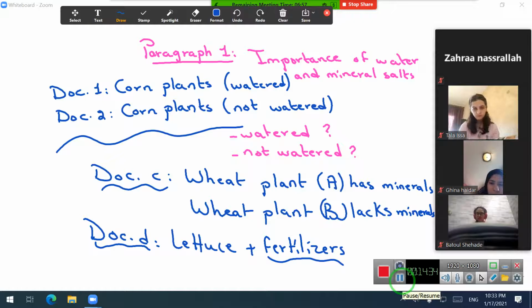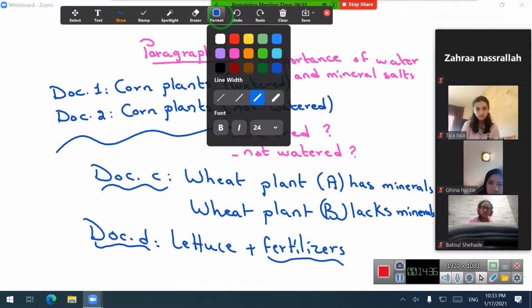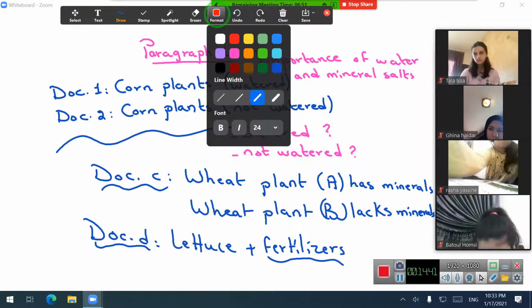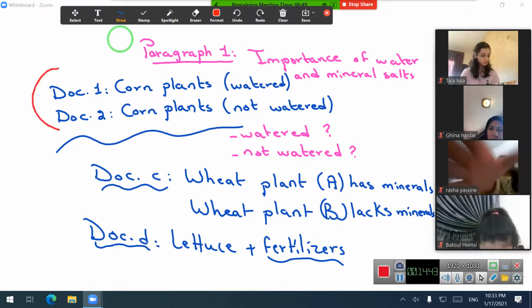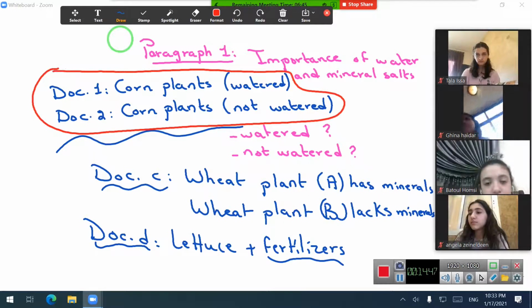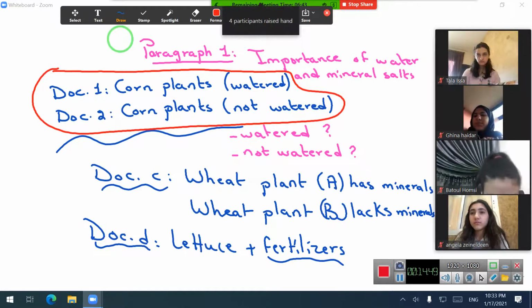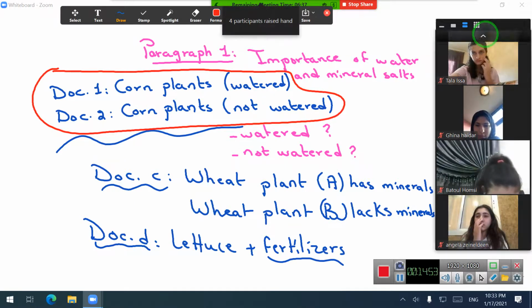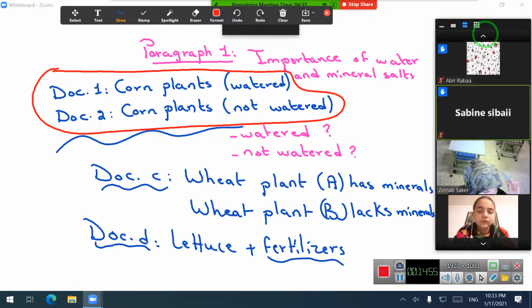Who can tell me now the importance of documents 1 and 2? When the corn plants are watered, what will happen a few days later? Please raise your hands. If the corn plants are watered regularly, day by day, what will happen, Abir?